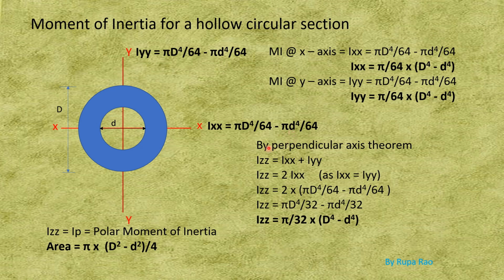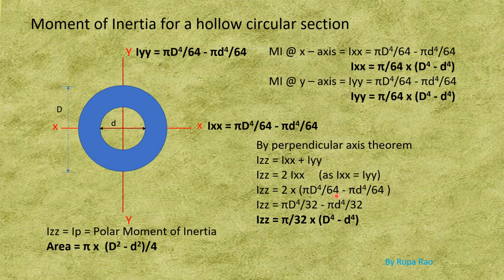Now if I want Izz, then by the perpendicular axis theorem Izz will be Ixx plus Iyy. Now xx and yy are the same, so it will become twice Ixx. If I substitute the value of Ixx, it will be 2 into bracket open pi capital D raised to 4 divided by 64 minus pi small d raised to 4 divided by 64 bracket close.